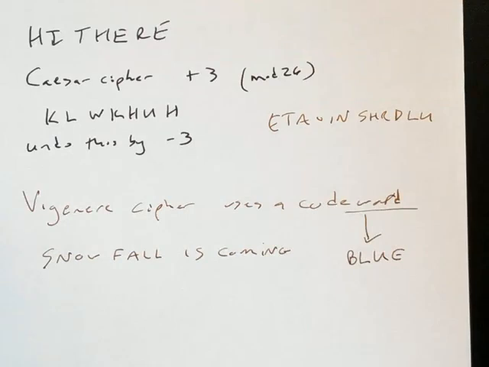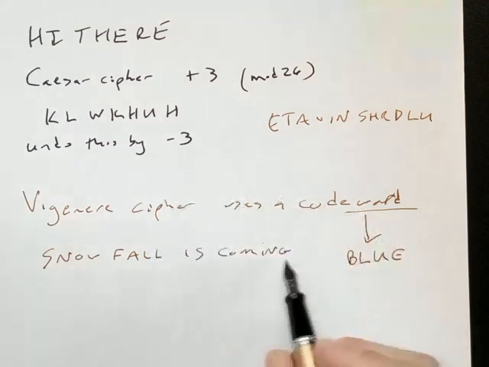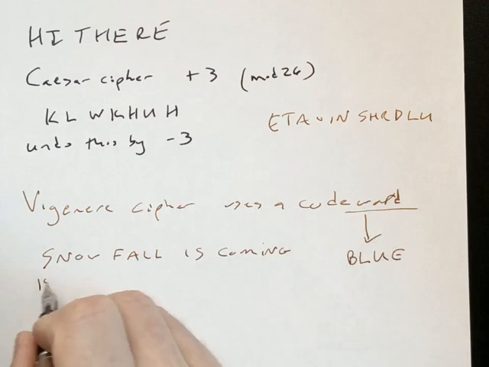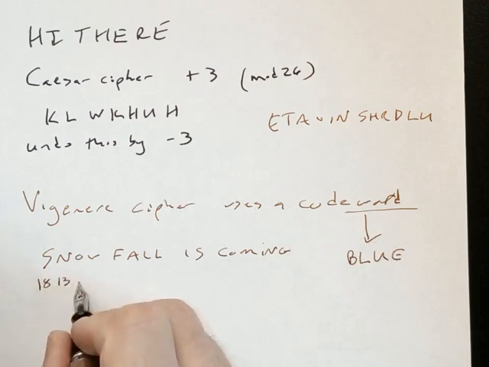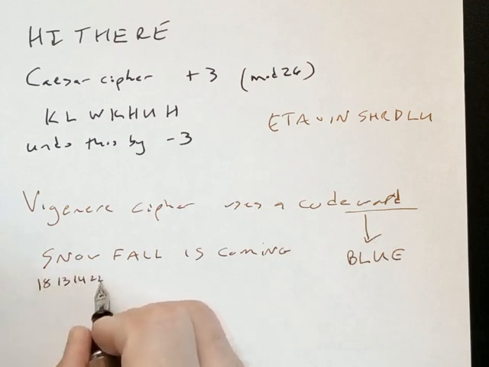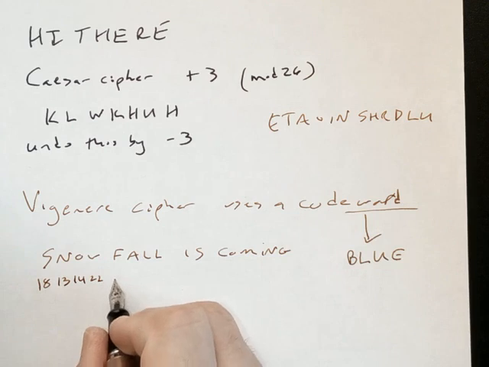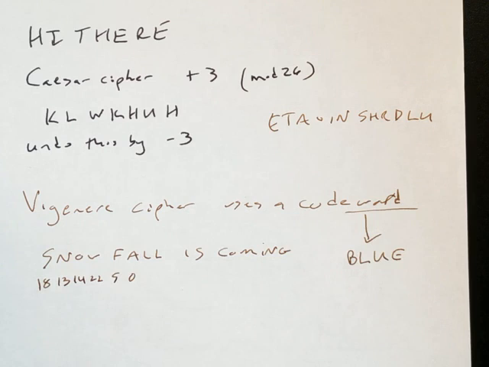And now I'm going to do this numerically. I turn each of these into the number of the position of the letter in the alphabet. I wrote this down earlier, so I don't have to try and do it in my head. But I'm going to go mod 26. So that means A is 0, and I'm going 0 through 25.